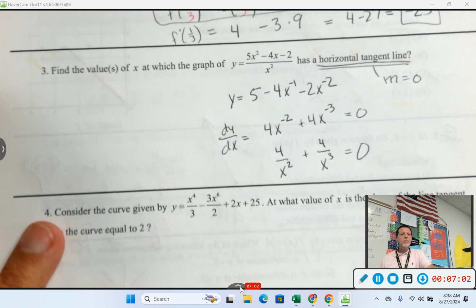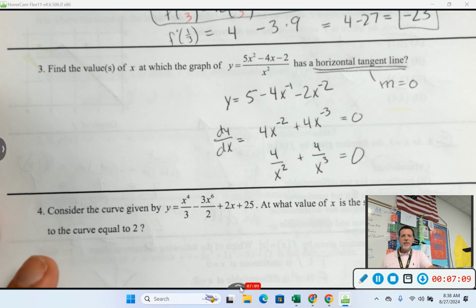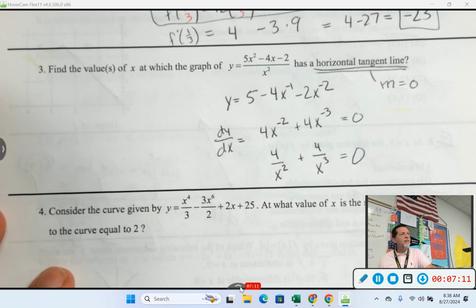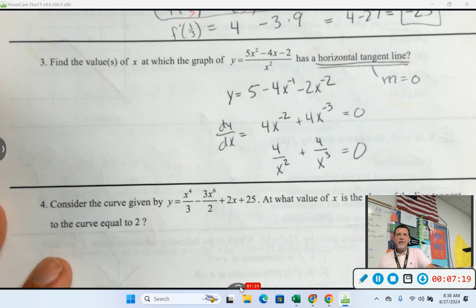Couple options. What would you do to solve that for x? Seeing at least 3 different things we could do here. What would you do? How would you solve that for x?